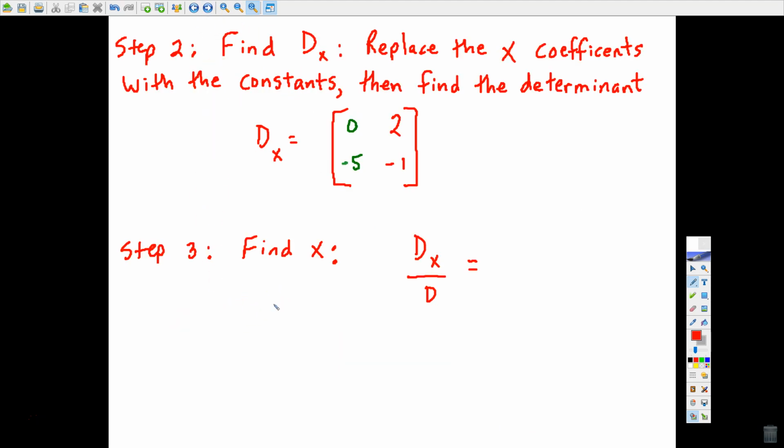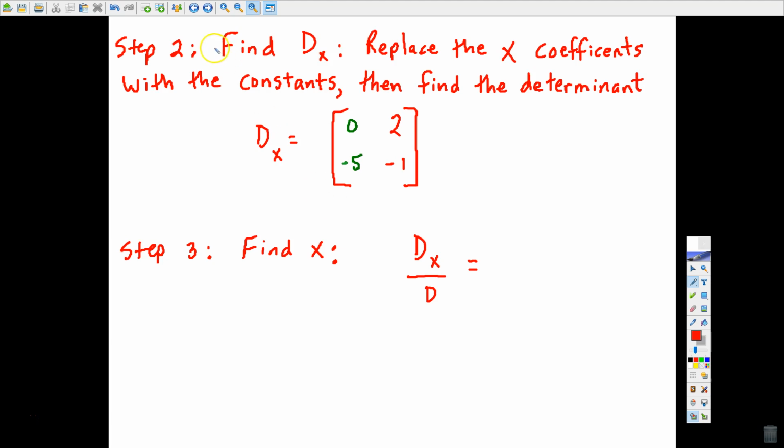Step 2, I'm going to find what is known as D sub x. D stands for determinant. What do I mean by D sub x? Well, basically what that means is, if you go back and you look at the coefficient matrix that we just used, I have replaced the x coefficients. I just completely replaced them with the constants. Do you see that?